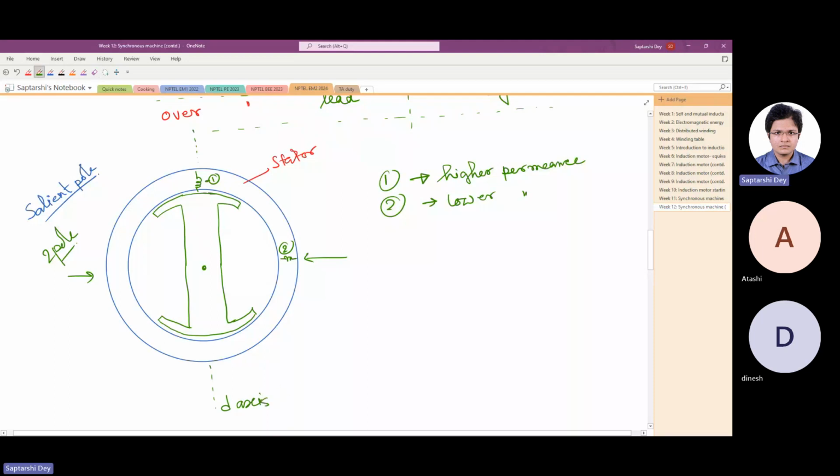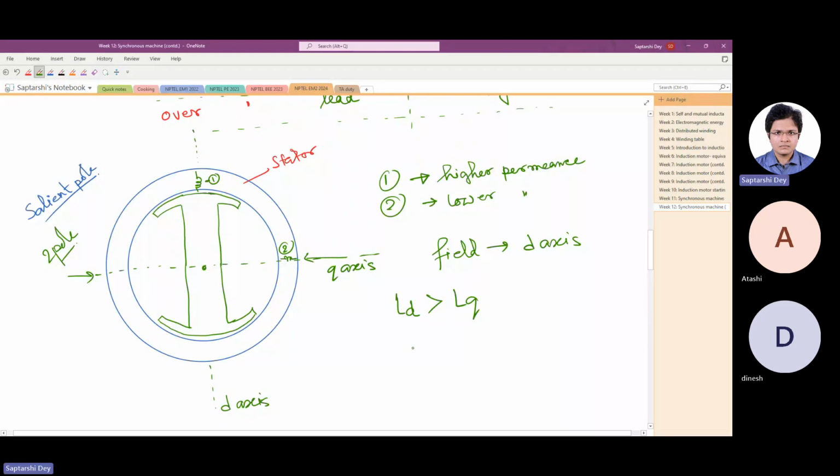And the one that is perpendicular to it is the Q axis. The field excitation goes through the D axis, and we have seen that LD is higher than LQ.